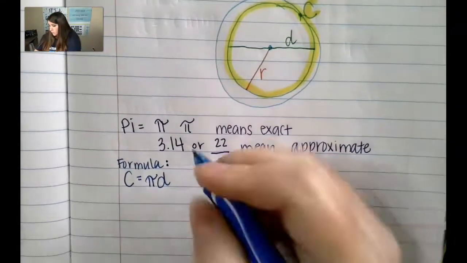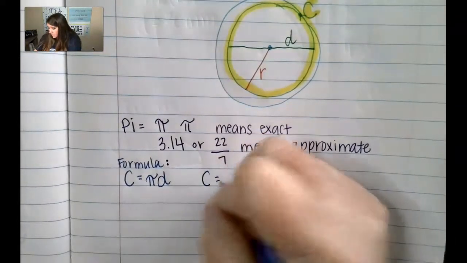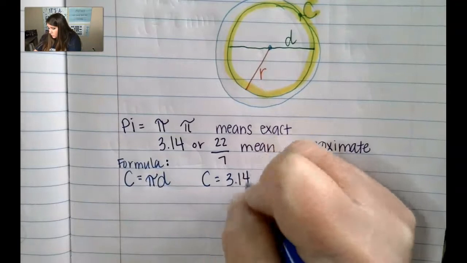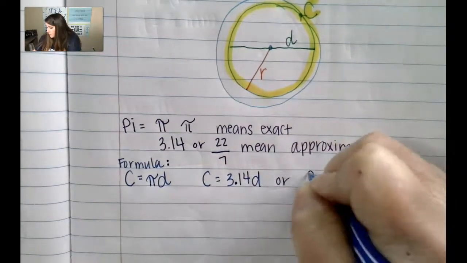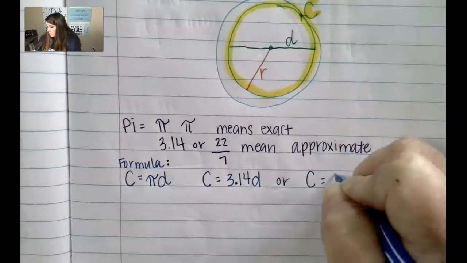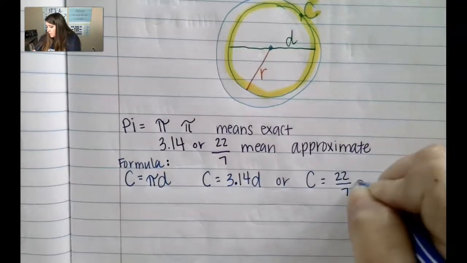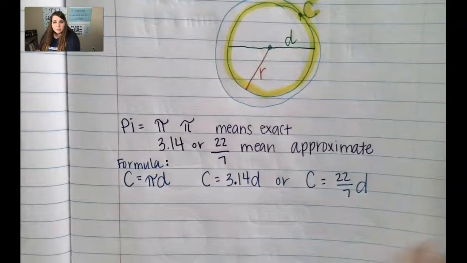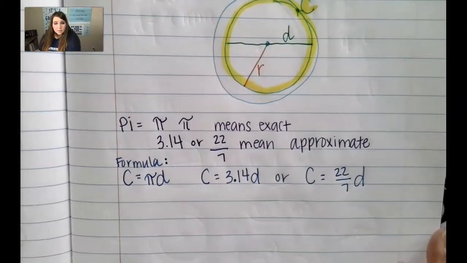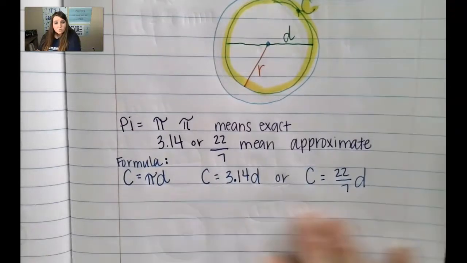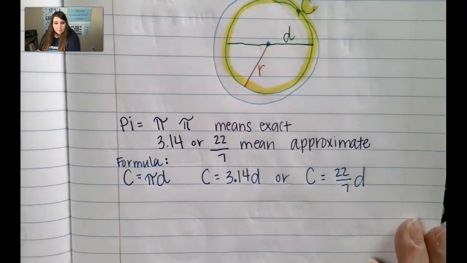So you can also use it as C equals 3.14 times diameter, or C equals 22/7 times the diameter, depending on what the diameter is. Okay, so there is formula number one when you know the diameter.